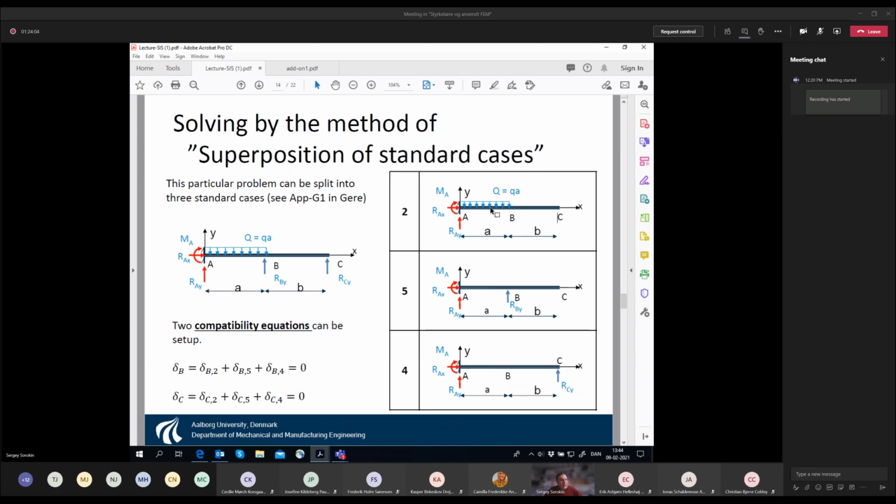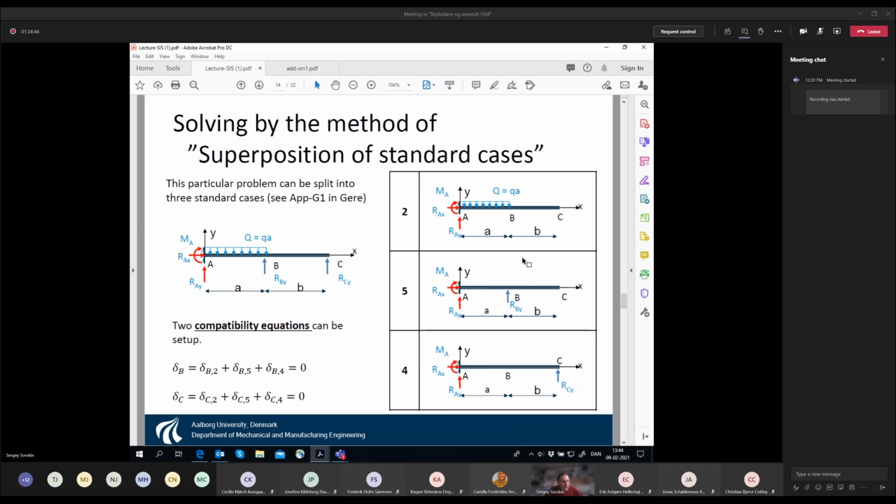Here we ignore the existence of the force at point B and the force at point C. We have only force Q, and this force Q will obviously produce displacement of point B and displacement of point C. These displacements, in the direction of the y-axis, will be negative, because due to this force Q, point B will go downwards and point C will go downwards by a certain amount. And we are able to find this amount.